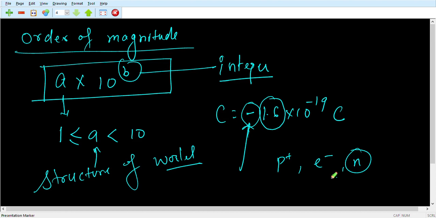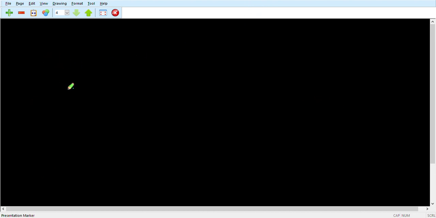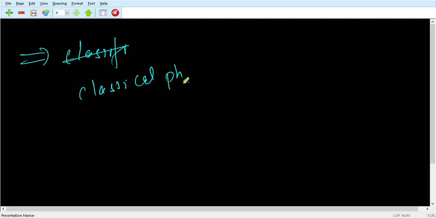Whatever rules you frame for a bigger particle will not apply to a smaller particle. The macroscopic level of concepts is called classical physics. In classical physics, we are dealing with large-sized objects.